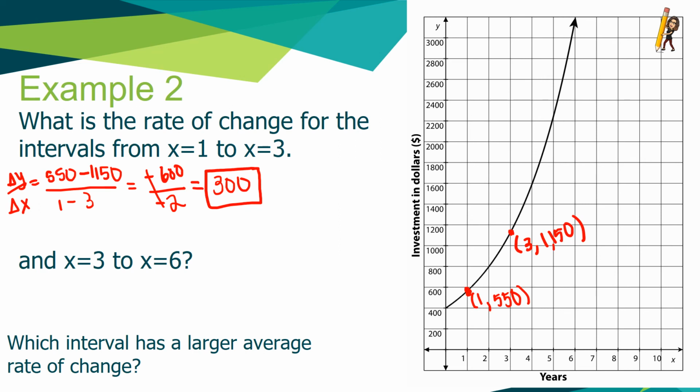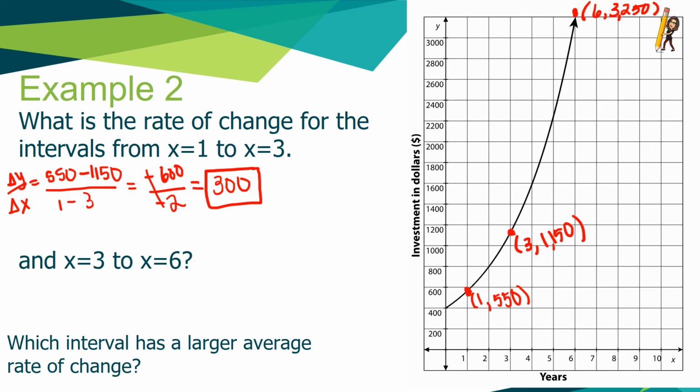Reading my labels wrong. Okay, so now the next one we need to ask is from x is equal to 3, which is this point on the graph still, to x is equal to 6. And x is equal to 6 kind of goes off the graph a little bit, so I'm going to guess it'd be a point like right up here. And I'm going to guess that our point up there would be 6, 3,250, but that's just my guess.